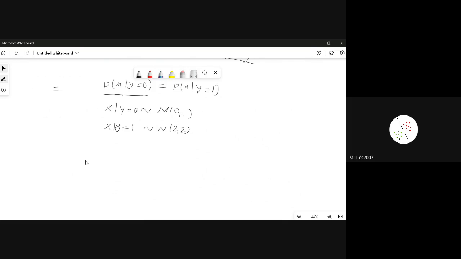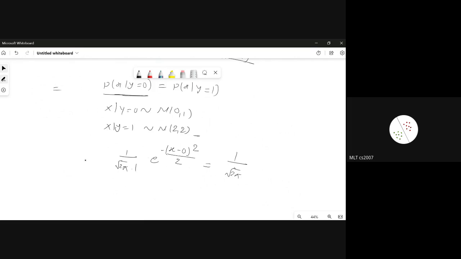The probability will become 1 upon root over 2 pi sigma square, e raised to the power minus (x minus mu) whole square upon 2 sigma square, where mu is 0 for the first distribution. For the second distribution, sigma square is 2.